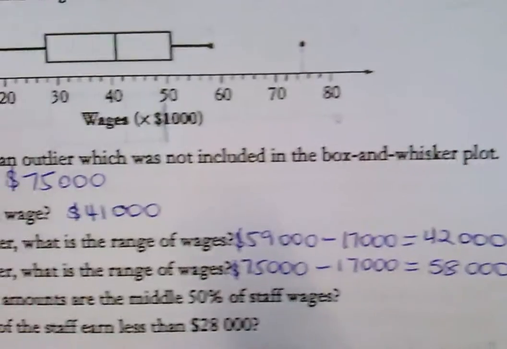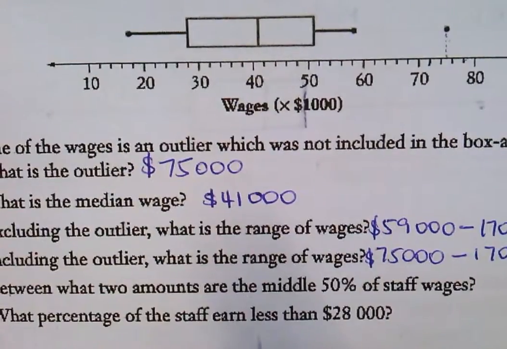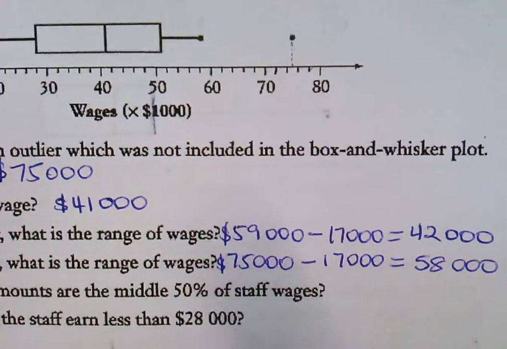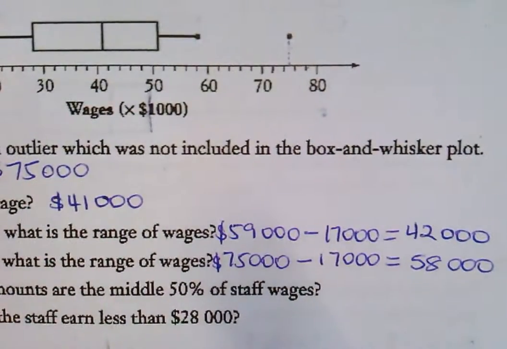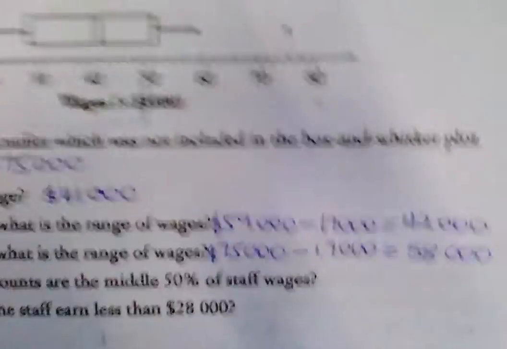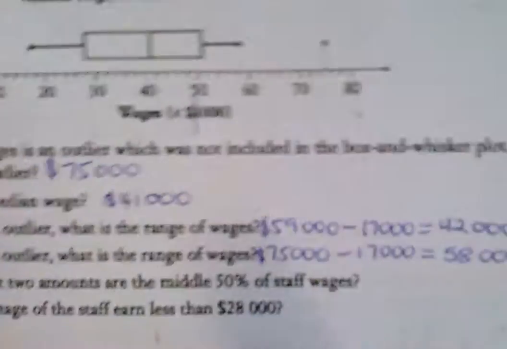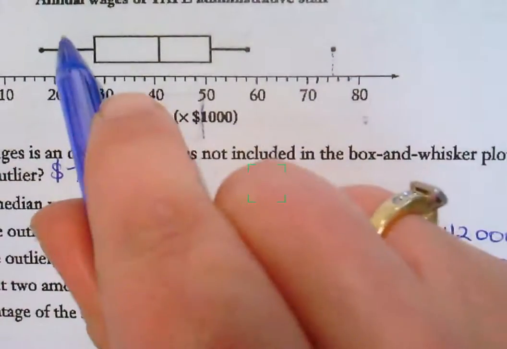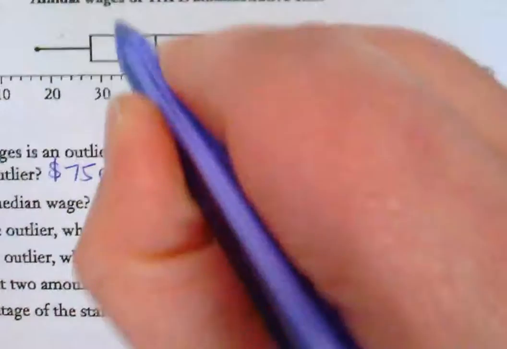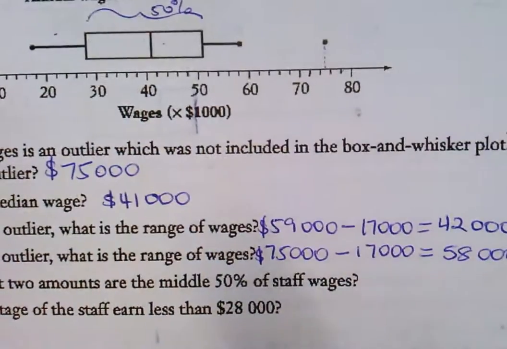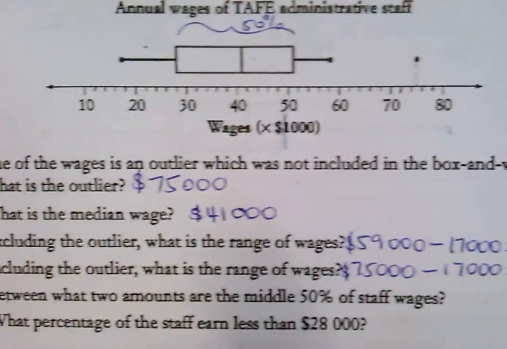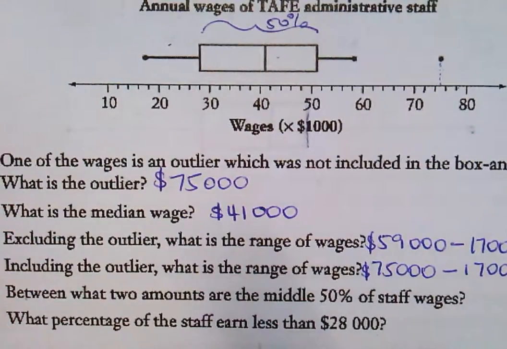And it says between what two amounts are the middle 50% of wages? The middle 50%. 28 and 51. Yes? No, between the middle 50%. Remember, each section is 25%. So we got 25, 25, 25, 25. Here is our middle 50%. So it's between 28,000 and 51,000.